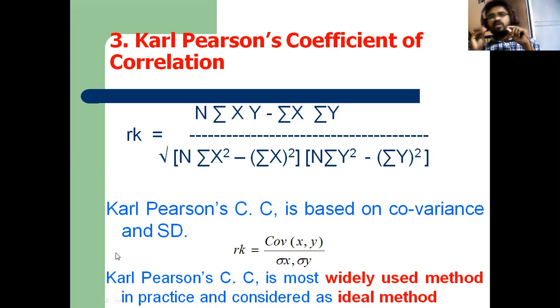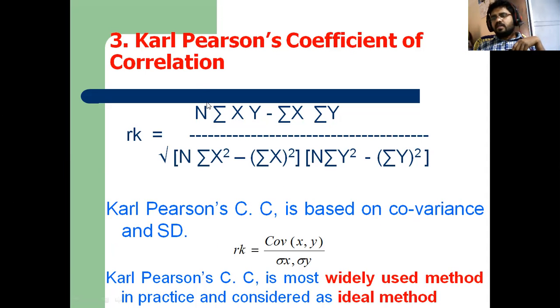Most scholars, statisticians, economists, econometricians and students use Karl Pearson's coefficient of correlation, which is widely accepted and considered an ideal method compared with other coefficient of correlation methods.